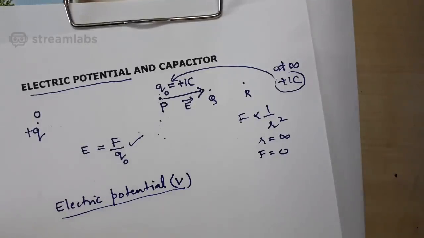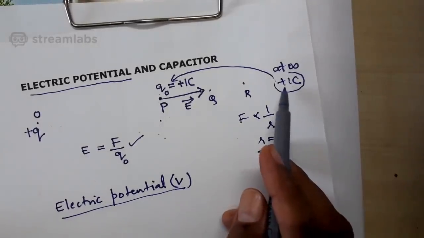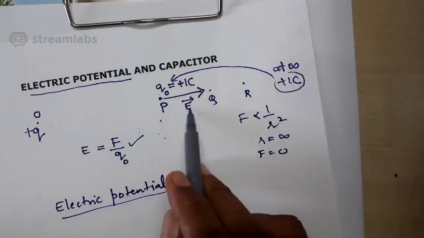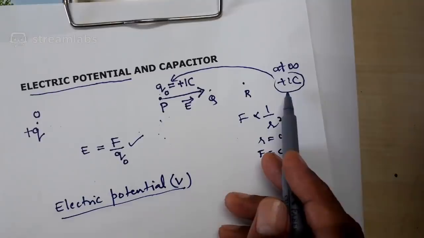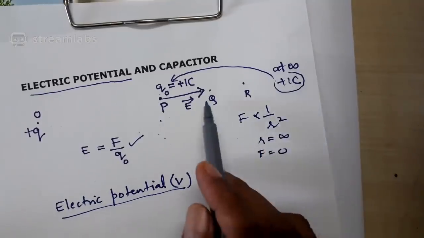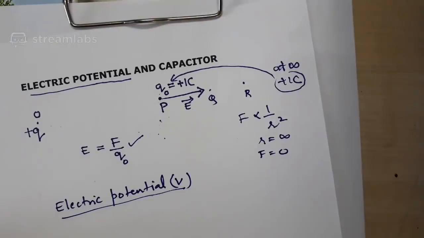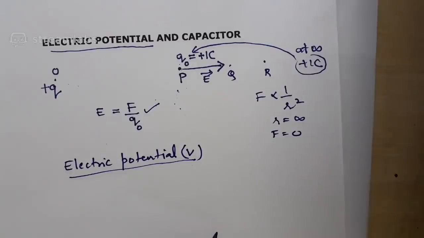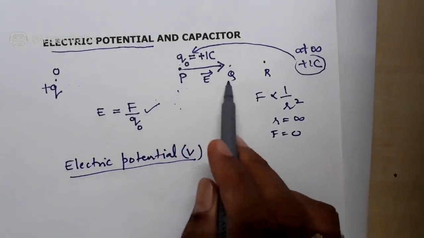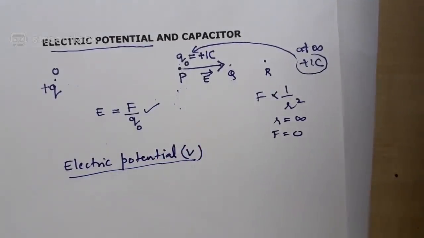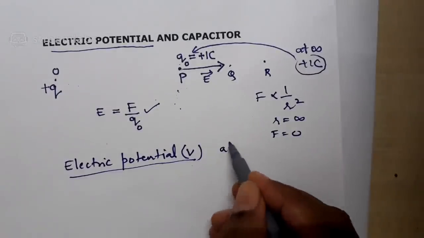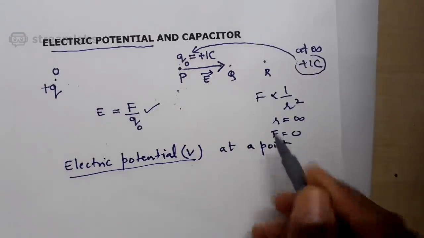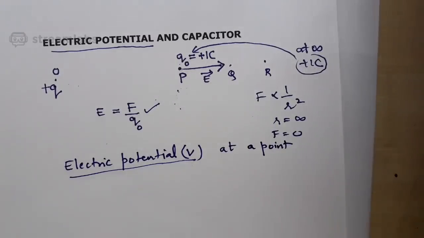It is common sense that you have to do more work in moving a plus 1 coulomb charge from infinity to point P against the electric field compared to the work done in moving it from infinity to Q or infinity to R. Since the work done is not the same, it gives a clear indication that electric potentials are not the same at all the 3 points. That is why we always define electric potential at a point, because potential changes from point to point.